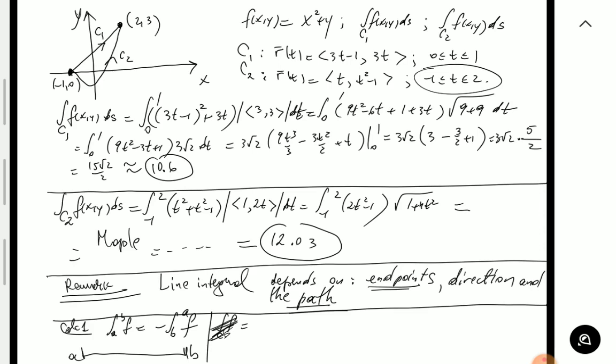Let's say you have a curve that you traverse from A to B. If you decide to traverse it backward, remember minus C is a typical notation of the curve traversed from B to A. So just like in the Riemann integral from calculus 1, it is true that the line integral over a curve traversed in one direction is minus the integral over the same curve traversed in the opposite direction.